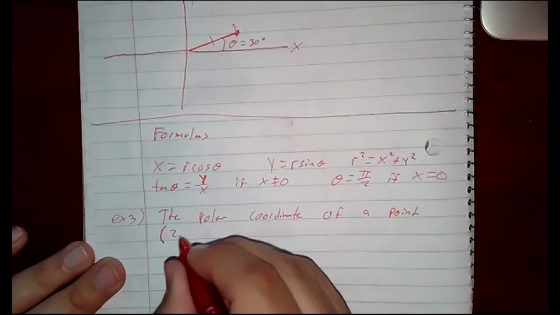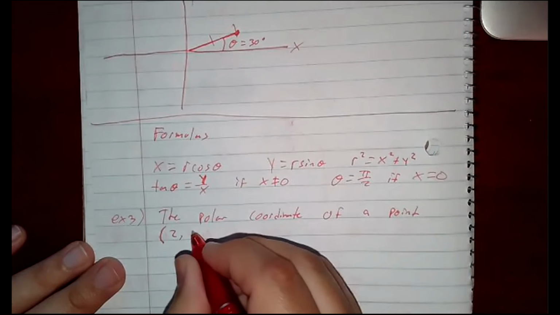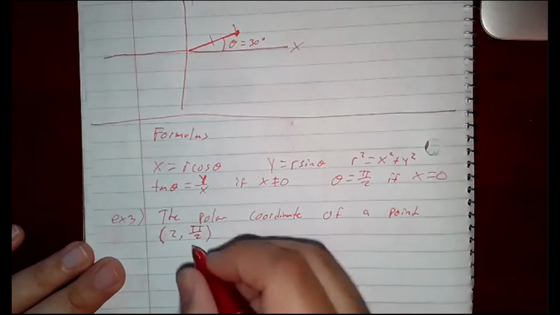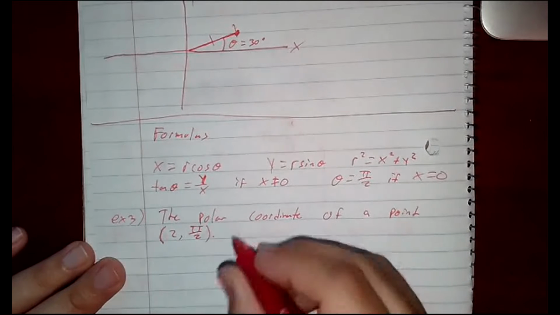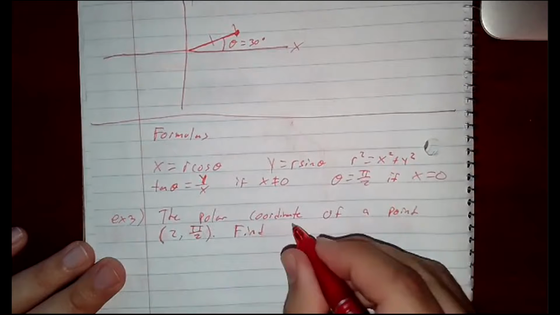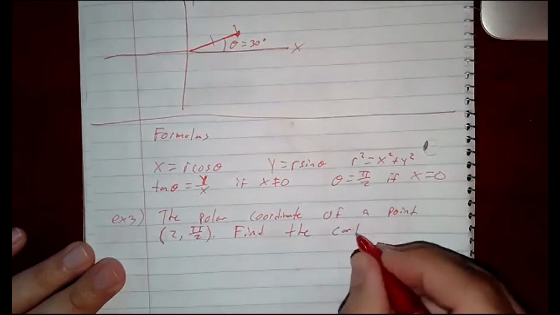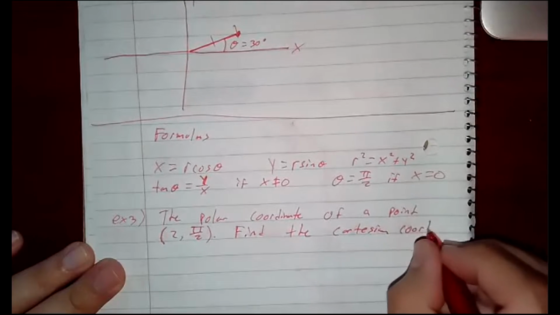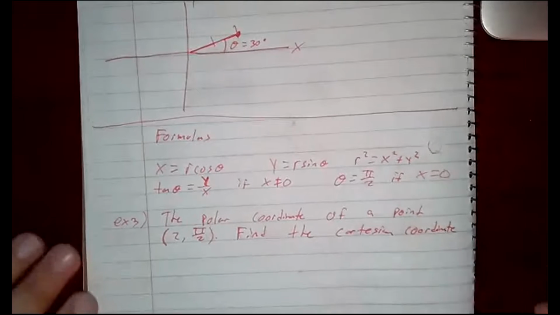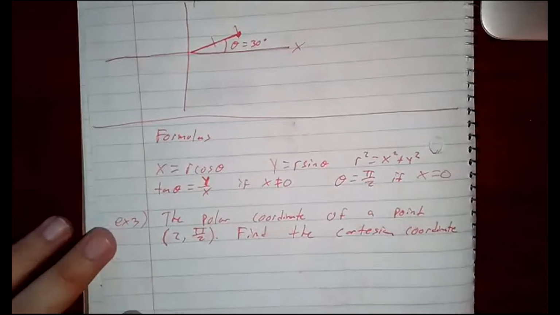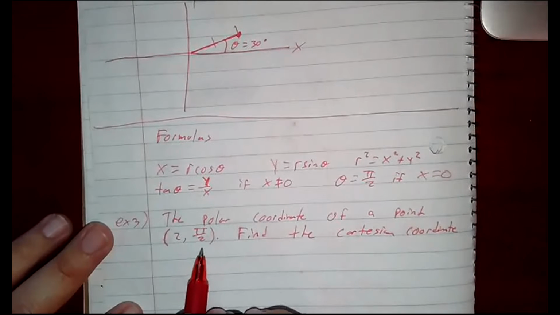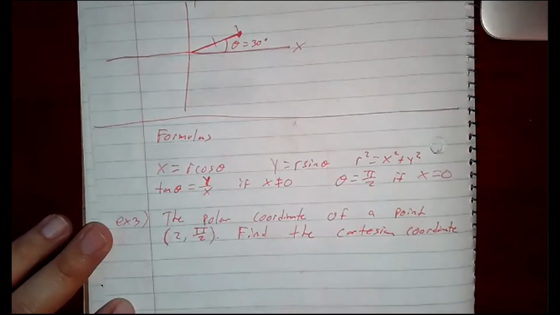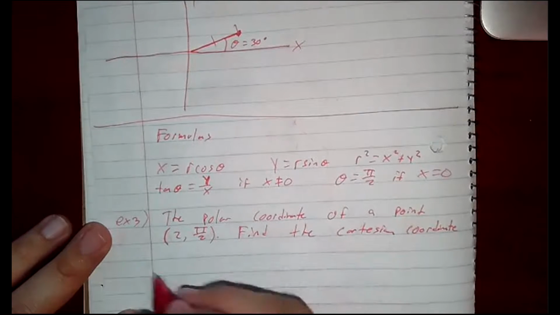I'll pick 2 comma pi over 2. Find the Cartesian coordinate. In other words, find the x and y version, right? So let's write down everything we know first before we graph it, right?